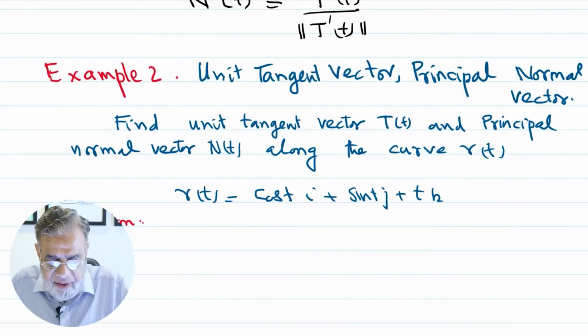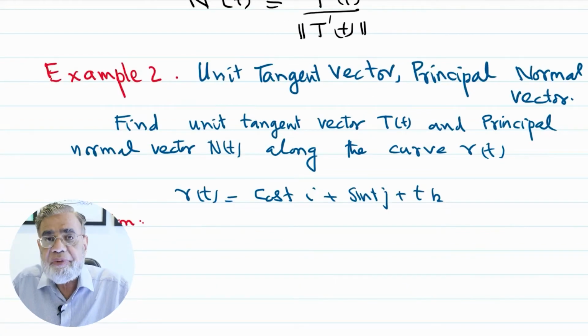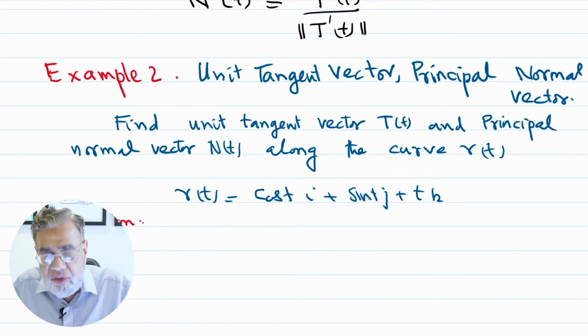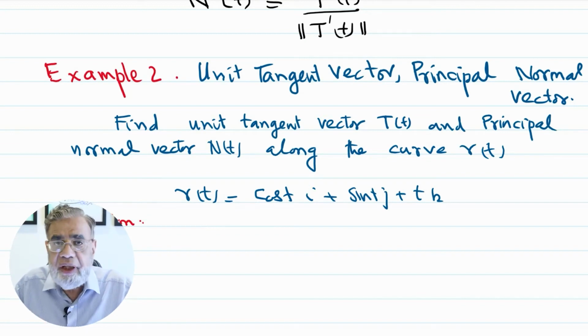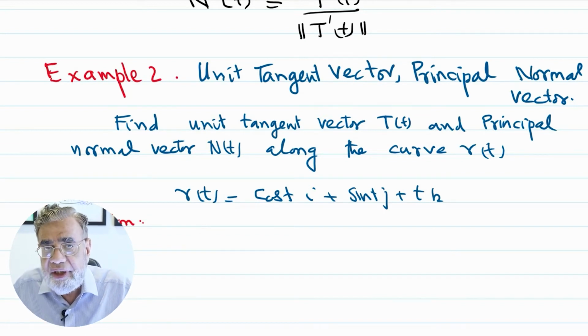So we have this example, and we want to find the unit tangent vector and principal normal vector. Again, the vector function r of t is cosine t i plus sine t j plus t k. First we want to find the unit tangent vector. We need r dash of t and then the magnitude of r dash of t.